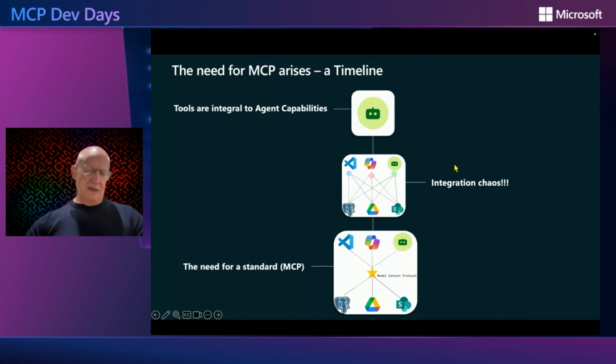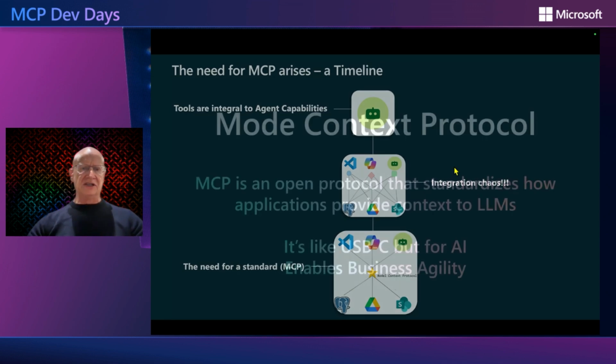If you think about lots of different scenarios and different clients who want to call upon backend services, without some sort of standard behind that, everyone ends up doing it in bespoke ways. That makes things really difficult from an integration perspective, and creates chaos and a lot of overhead. So the goal, with the same idea as the OpenAPI specification, is to provide a standard way to expose context from backend services into your AI applications and AI agents.